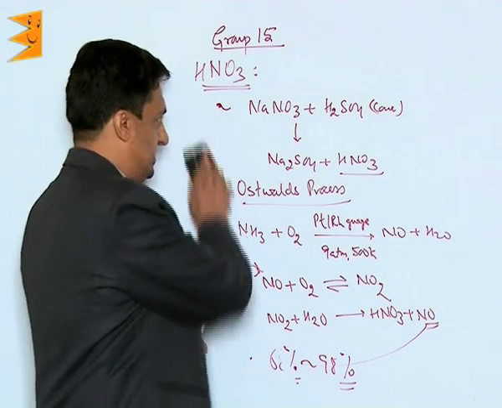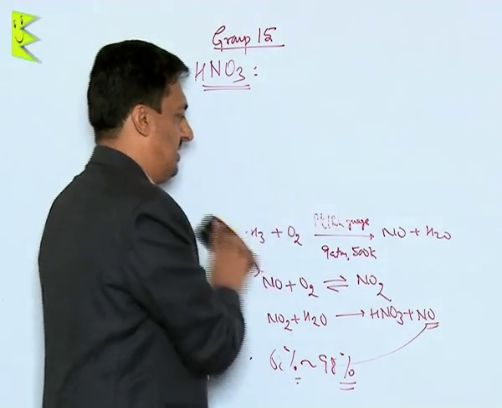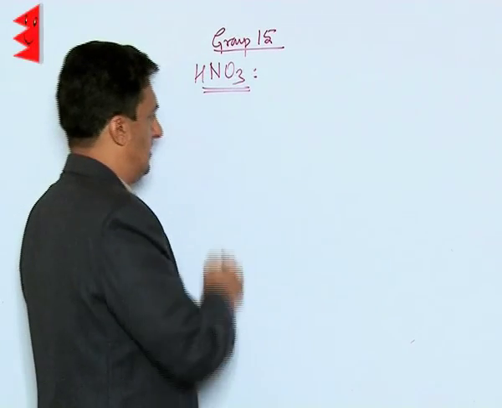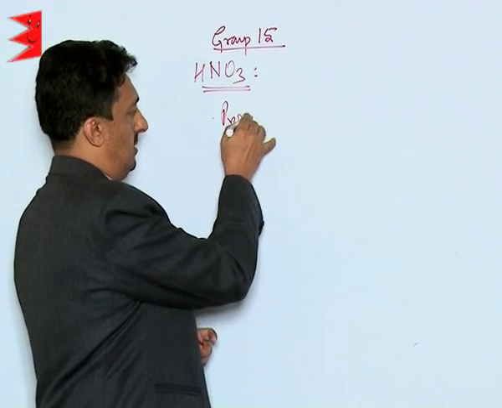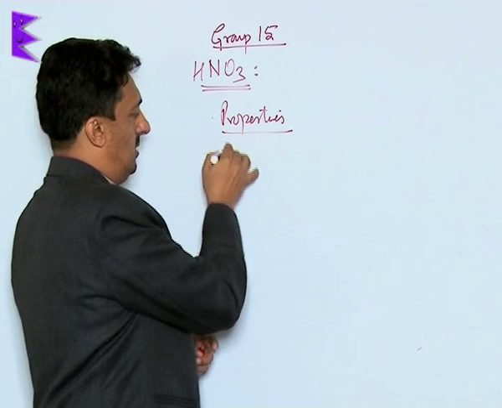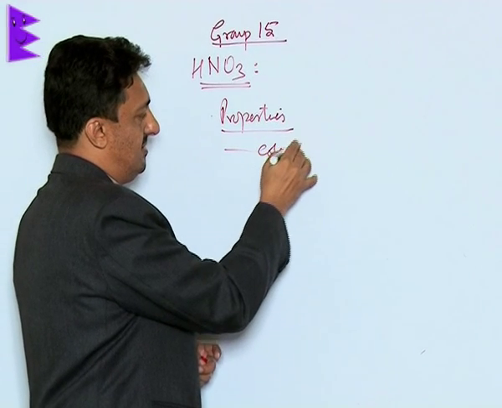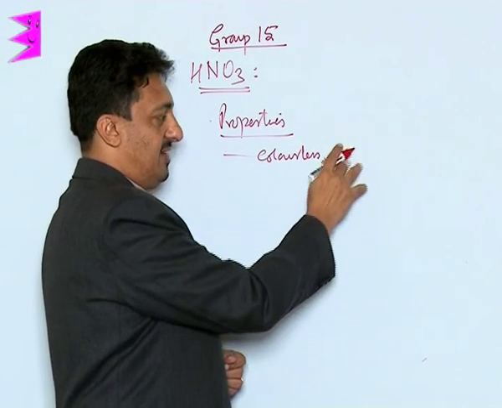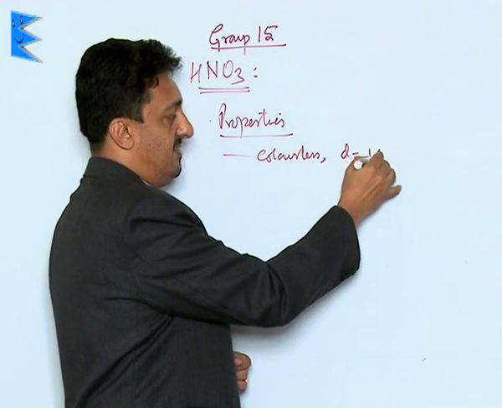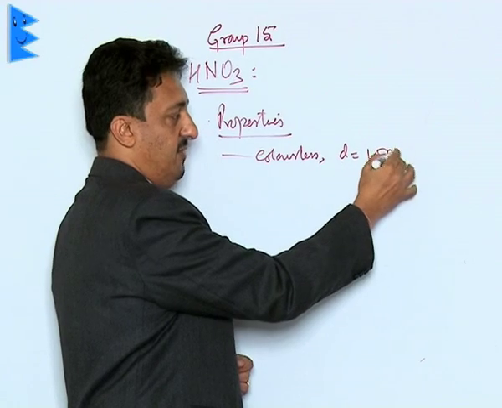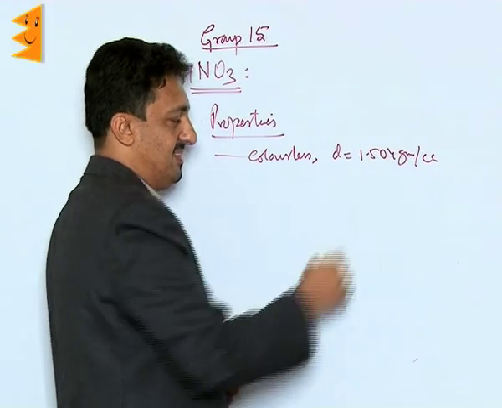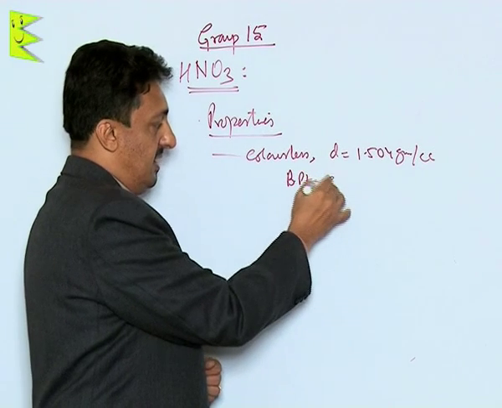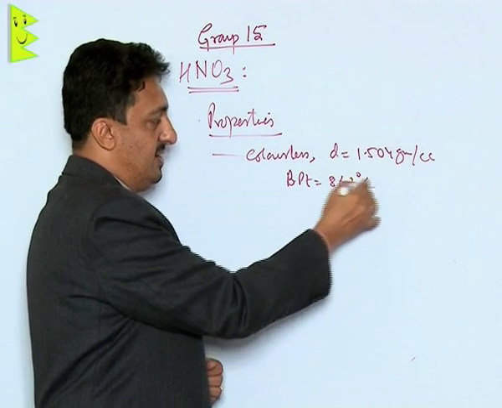Now, its properties. Remember, it's a colorless oxyacid of nitrogen with density, specific gravity 1.504 gram per cc, and its boiling point is around 86.2 degrees Celsius.